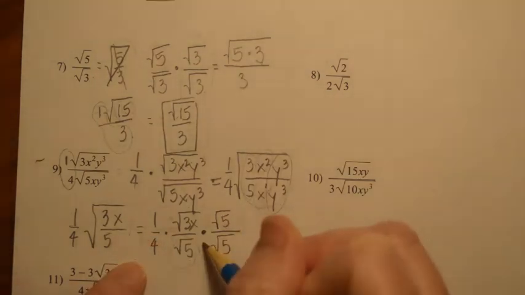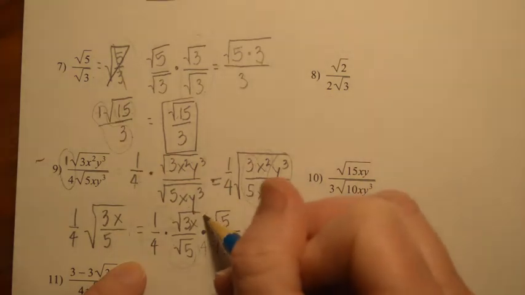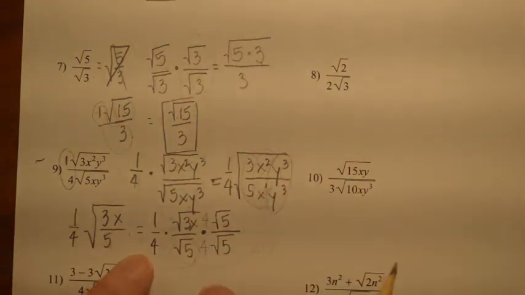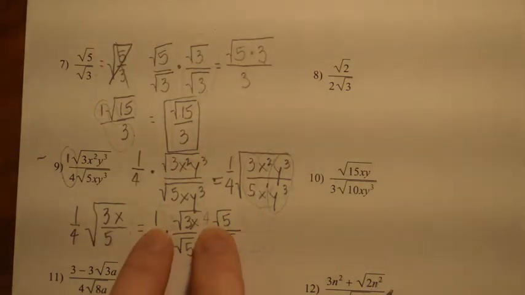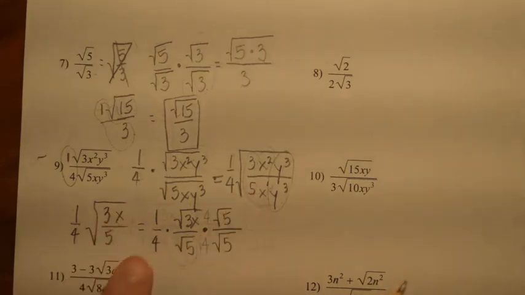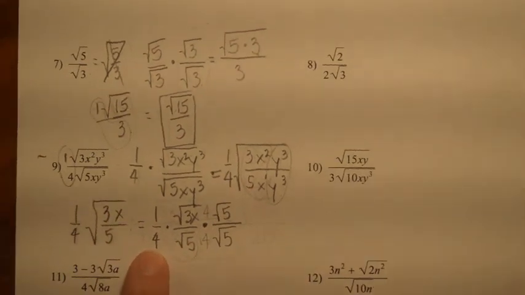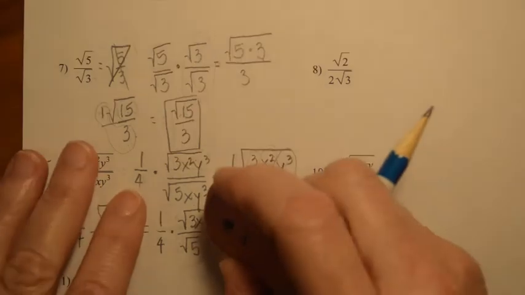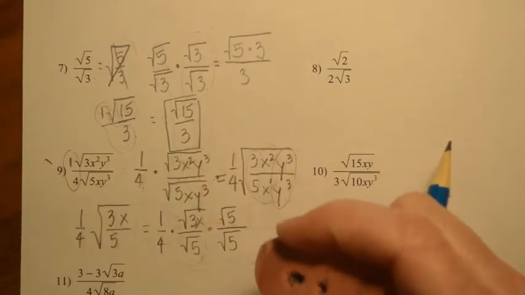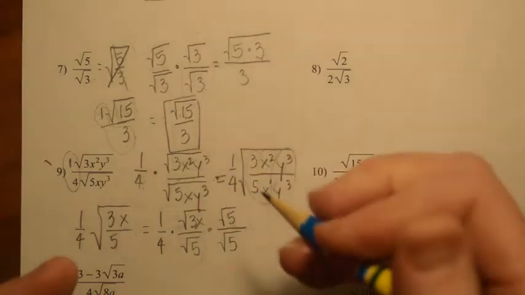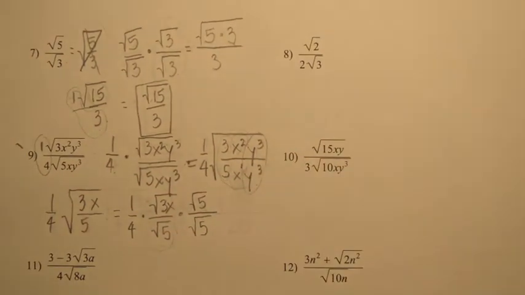If I chose to do 4 square root of 5, I would have to do the same thing in the top. And if we think ahead, that would give me a 16 right here, and then that would give me a 4 up top, which would reduce to 1/4, which is right where we were right here. So it's not wrong to do that, it's just going to cause extra reducing for you in the end. So ultimately I would say avoid it if you can. If you don't, you'll see that you just have to reduce more.